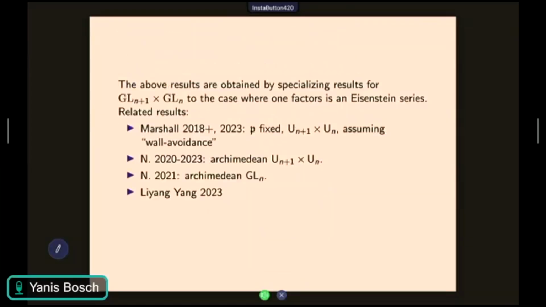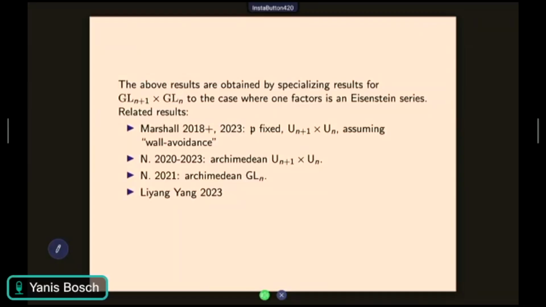And then just to give a bit more history, these are actually special cases of results for GL(n+1) times GL(n) obtained by specializing to the case where the factor on the smaller group is an Eisenstein series, so that the L function is just the nth power of the L function on the bigger group.